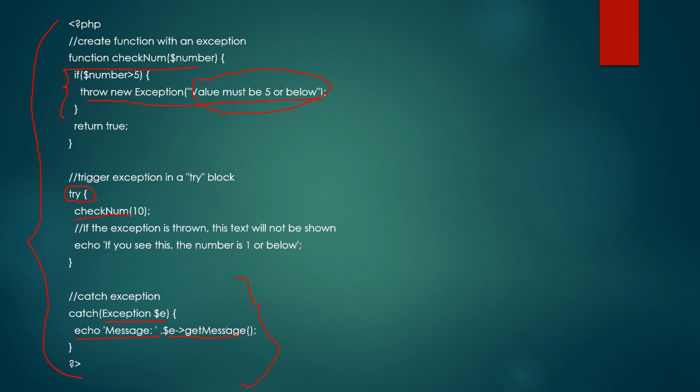This is an inbuilt function in PHP, which is used to display whatever message we have passed here. Using that object, I can call this function, and this message will be printed. So here I have used an inbuilt method.